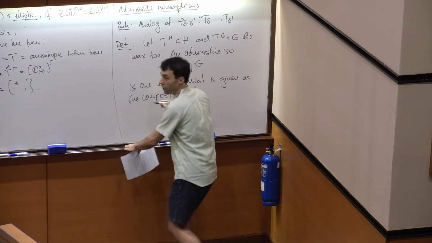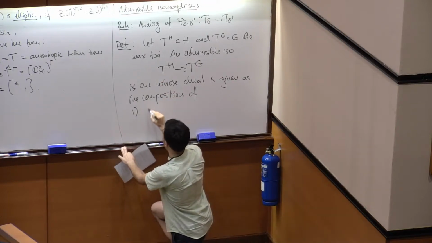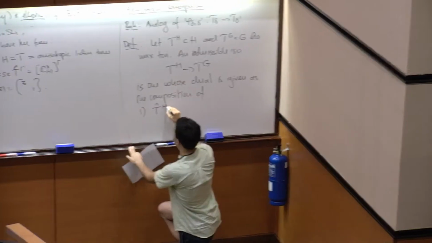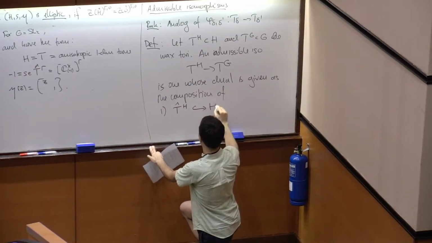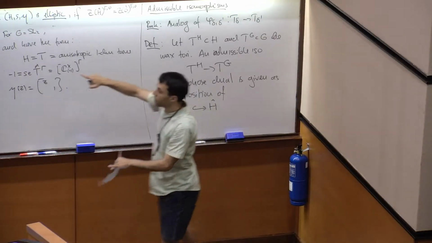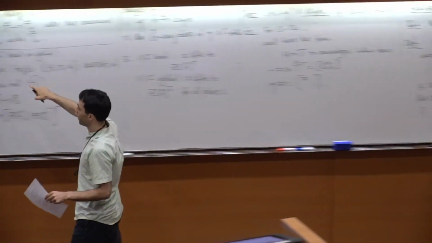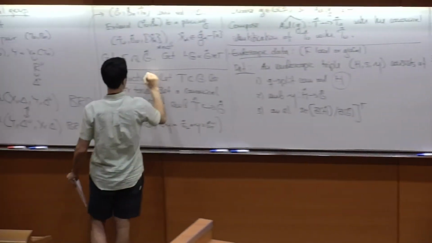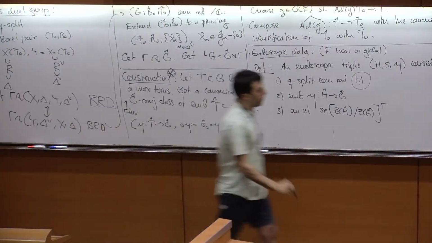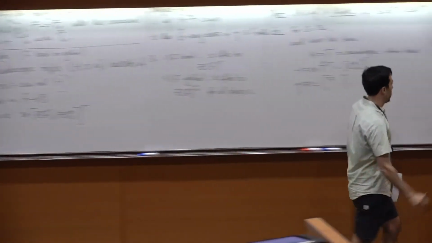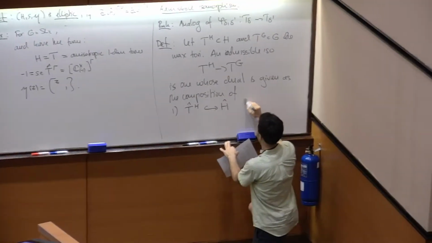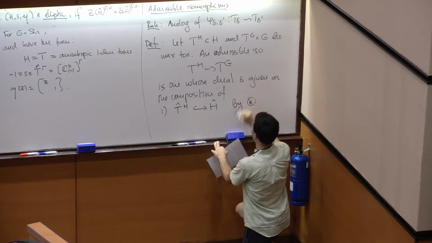The composition of, first, you can take the dual of this torus and embed it into the dual of G by our construction that may still be here. Let's call it construction star. So this is by construction star.